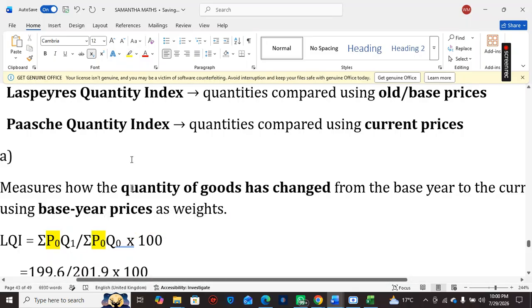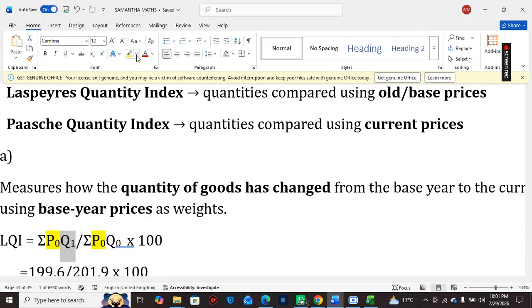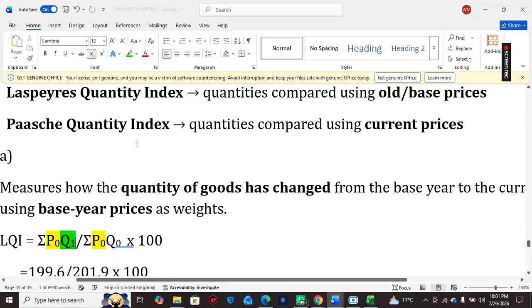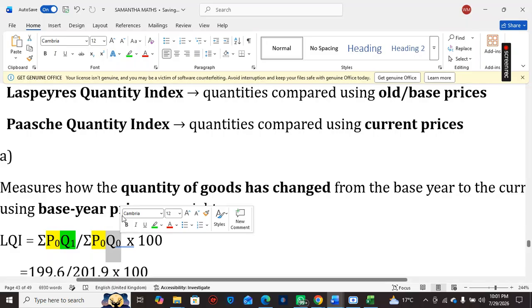The price has been maintained the same because you want to see how the quantity of goods has changed. So price stays the same. Then as you can see here, Q1 and Q0 here. The quantities are changing. So Laspeyres quantity index is the summation of P0 Q1 divided by the summation of P0 Q0.